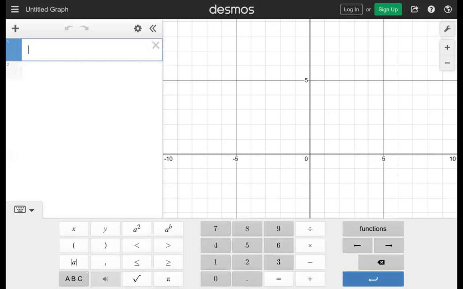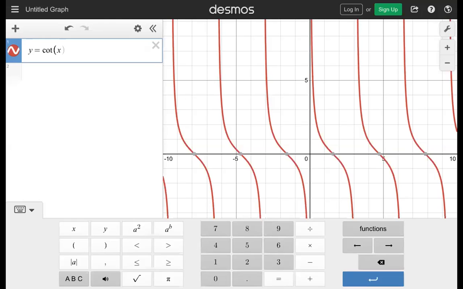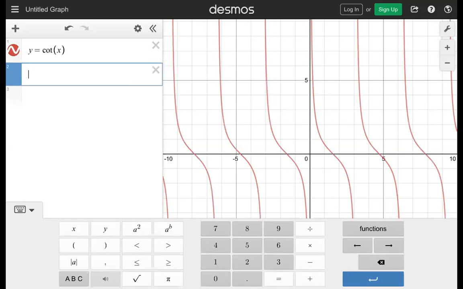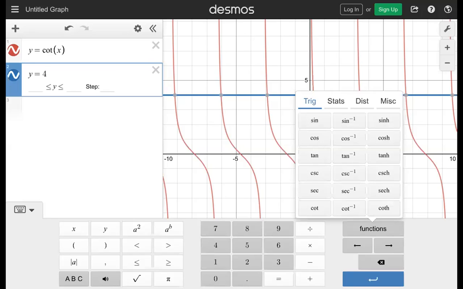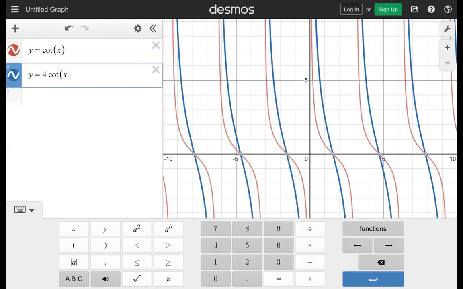If I go y equals cotangent x, you can see the asymptotes there. Now, once again, this is not going to be a change in amplitude. This is just going to make that curve steeper. A vertical stretch is going to make that steeper. It almost looks straight, but it's actually not straight.